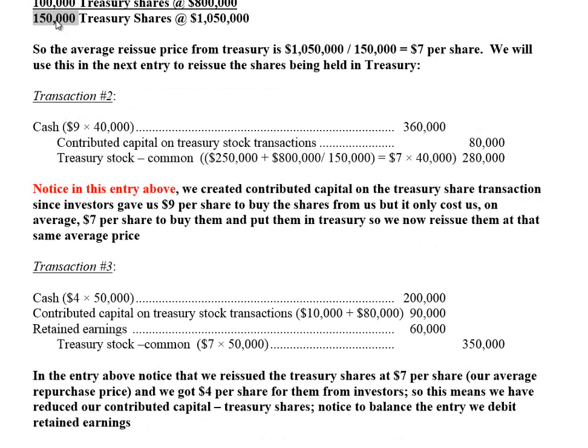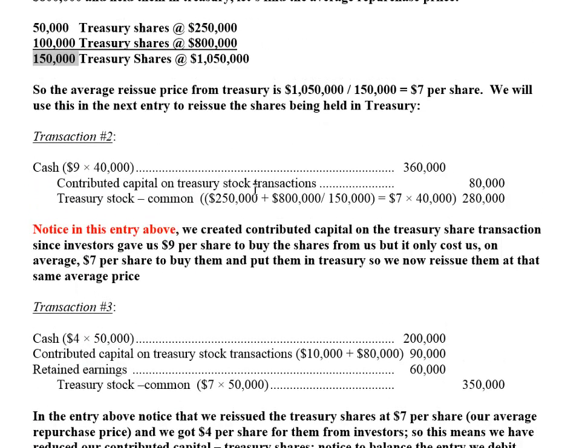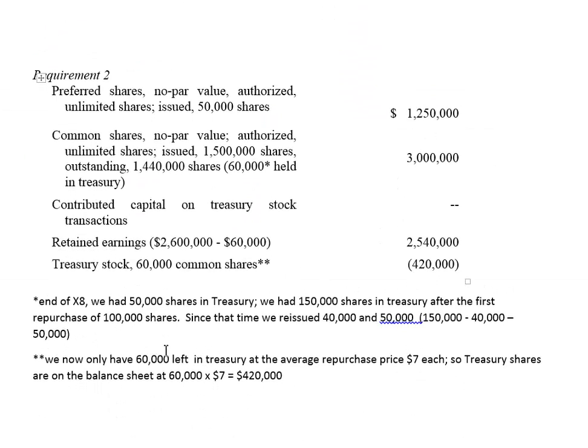But don't forget, of those 150,000 shares, we reissued 40,000 and 50,000, right? So that's 90,000 that we've reissued. So we reissued or took out of treasury 40,000 and 50,000. So 150 less 90 is going to give us 60,000 shares held in treasury.